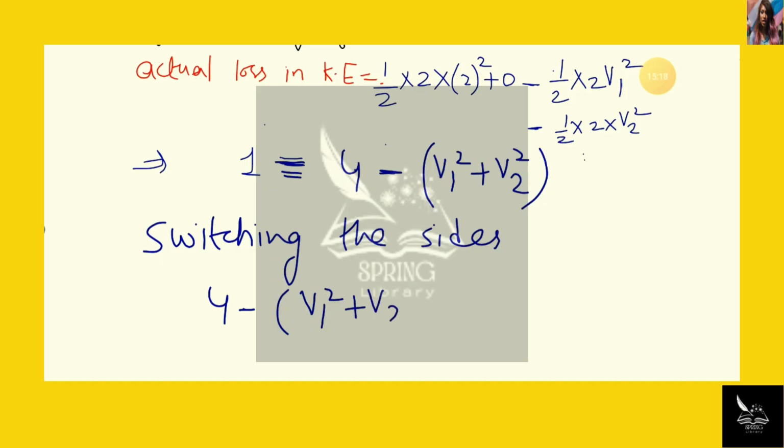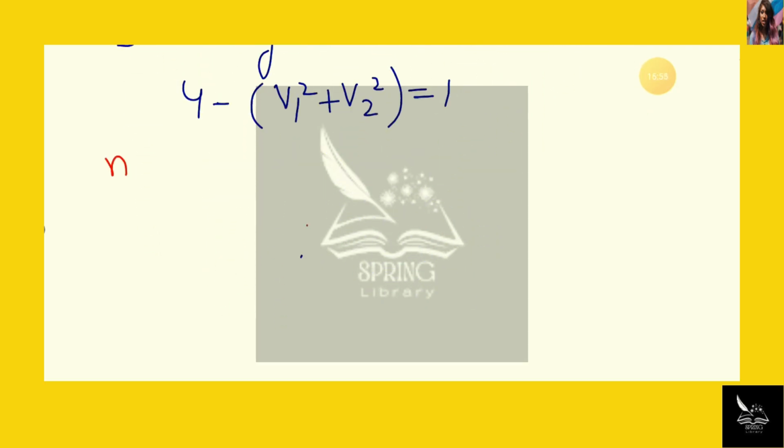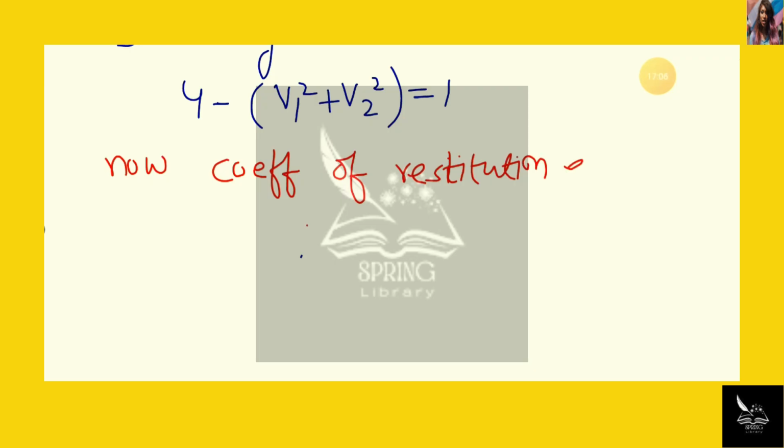And now we know that the coefficient of restitution, if I consider it as E, then we know the formula: v1 square plus v2 square will be equal to (1 plus E square) multiplied by 4 over 2.